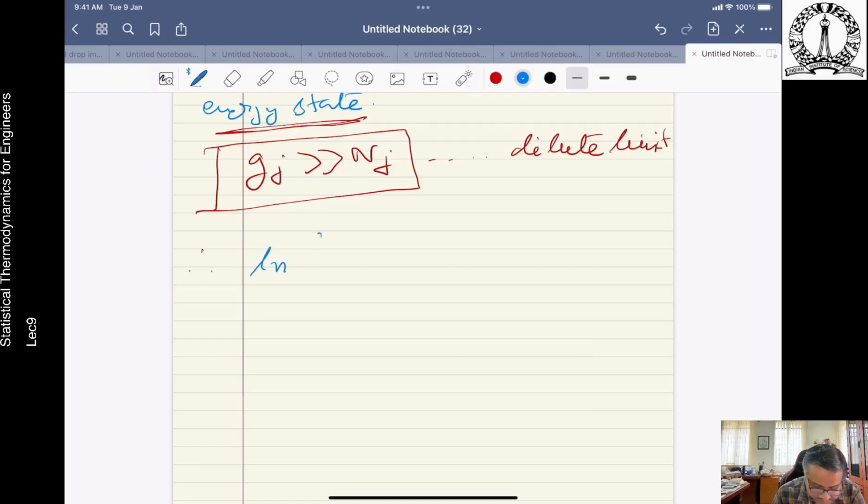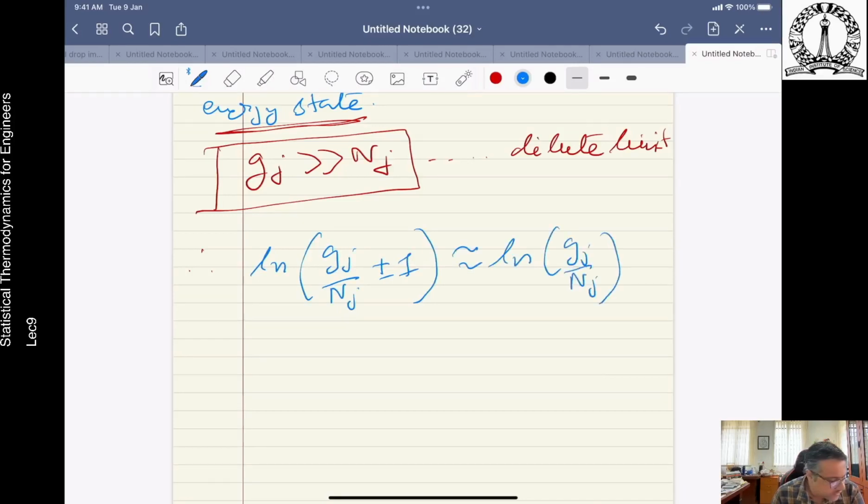ln of (Gj plus minus 1) is basically the same as ln Gj, and ln(1 plus minus Nj by Gj) is almost equal to plus minus Nj by Gj.